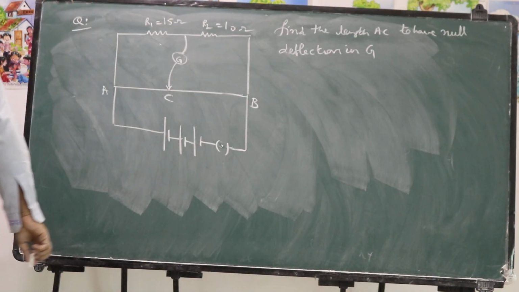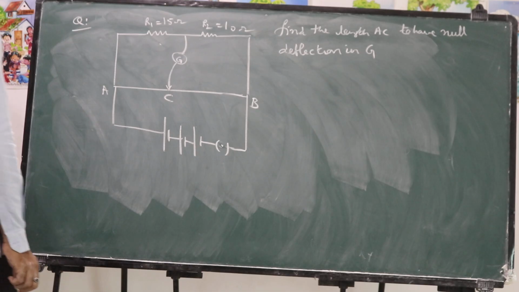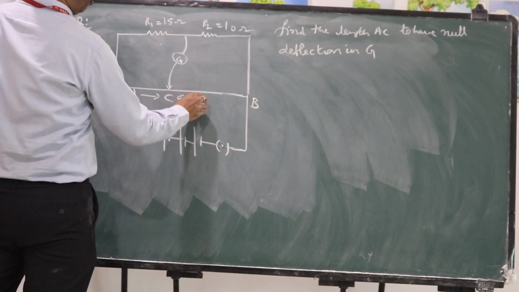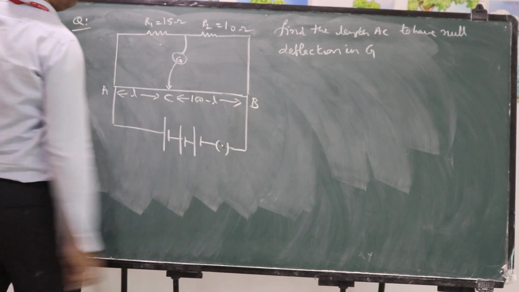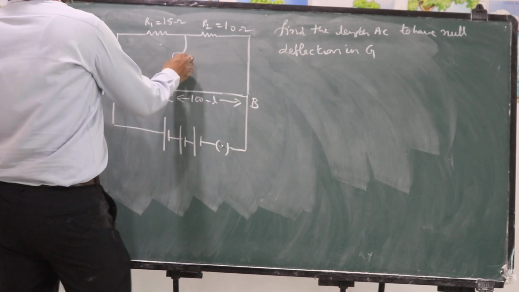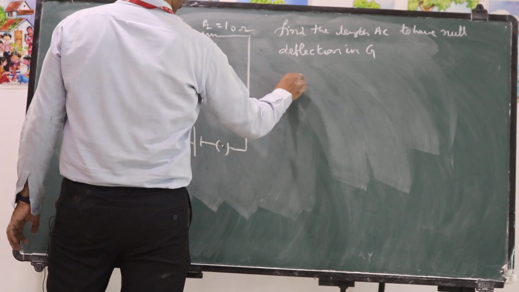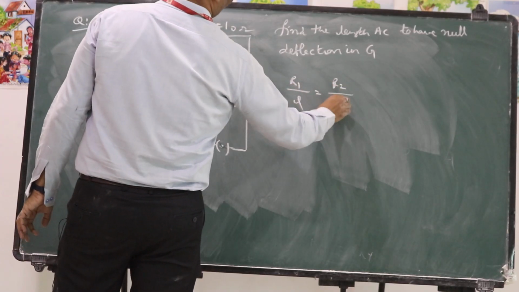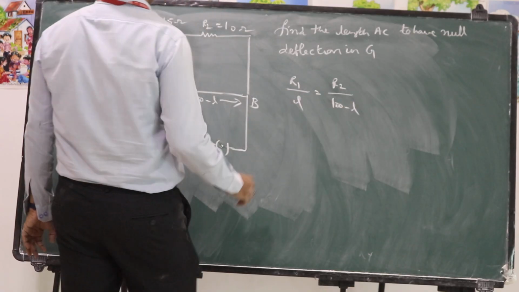To have null deflection in G, that means the bridge should get balanced. You know that if this is the length L, this will be 100 minus L. So to get 0 reading at G, R1 by L must be equal to R2 by 100 minus L.